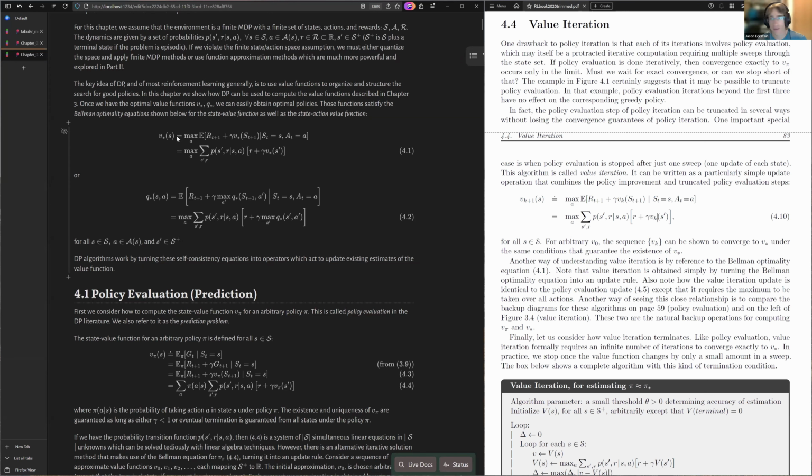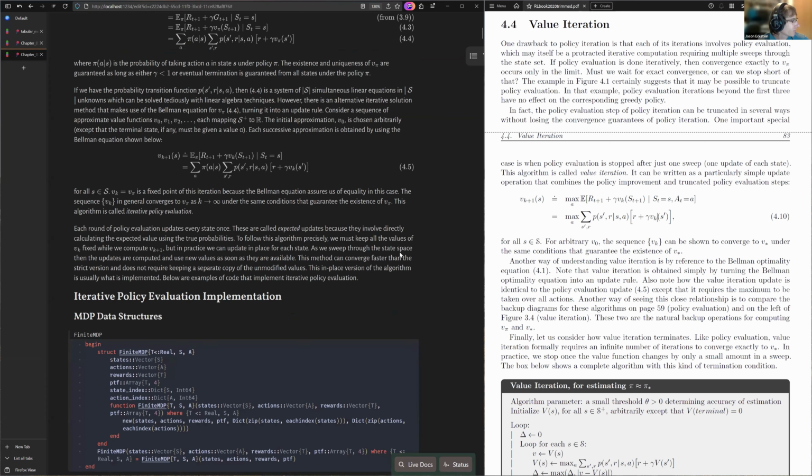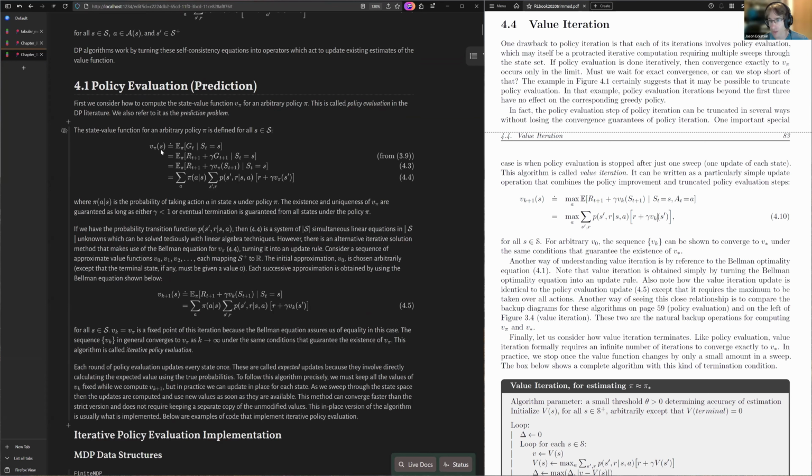And in the same way that policy evaluation worked successfully, where we applied the Bellman equation as an operator to the value function, given a fixed policy, here we're doing the same thing, except instead of a fixed policy, our policy is always just the maximization, or the greedy policy with respect to the old value function, which is the same as this Bellman optimality equation.